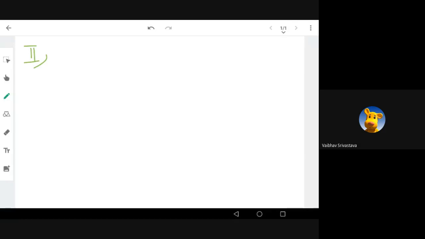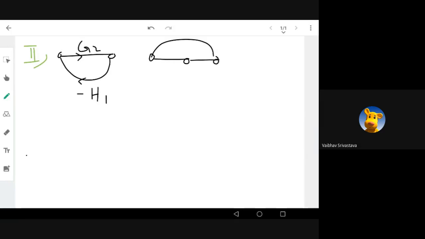So the first individual loop is through G2. G2 is the gain, this is the path, and the feedback is through H1, minus H1. This is the first loop. Now the second loop is G2 to G3, with feedback minus H2 to the top.